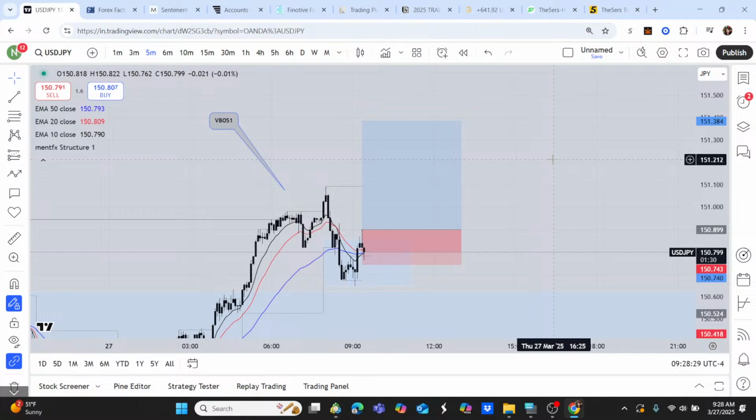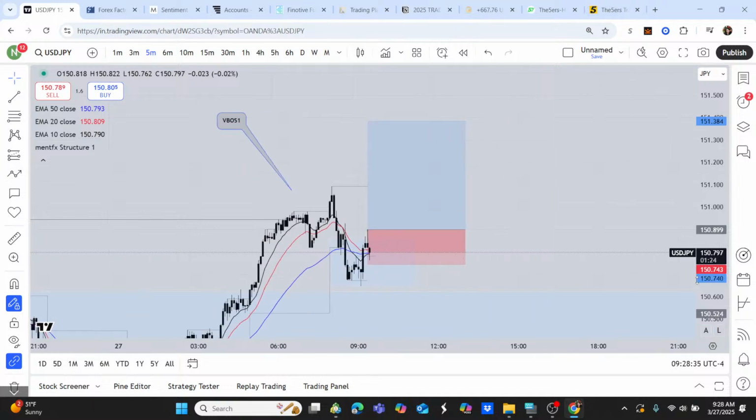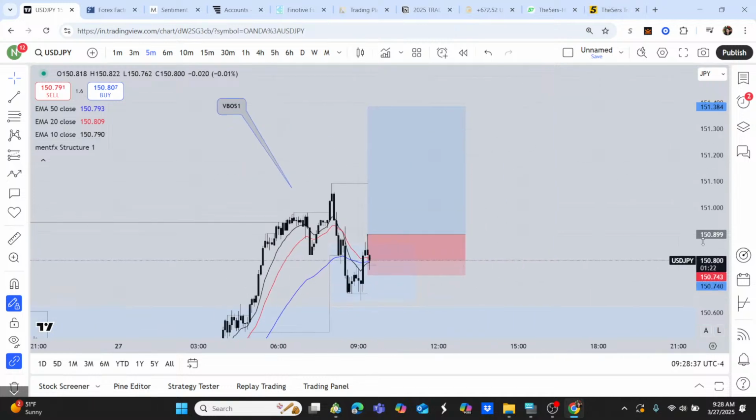Patience. Another reason why I felt it was good switching to the lower time frames is to show y'all more entries, because with the higher time frames it's a lot more waiting. Y'all are not seeing a lot of entries.